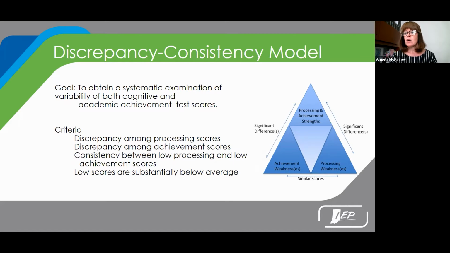Well, we all have strengths and weaknesses, and just having strengths and weaknesses does not create a learning disability. Sometimes we hear pattern of strengths and weaknesses and think, well, I've got one of those. Well, I have one of those too, but that's not what we're looking at here. It's systematically looking at those differences and those commonalities.